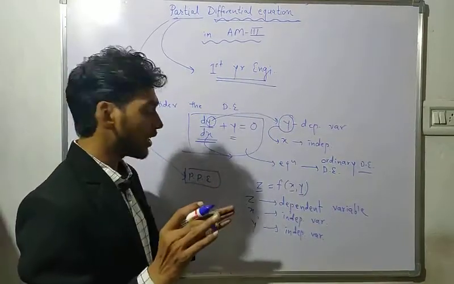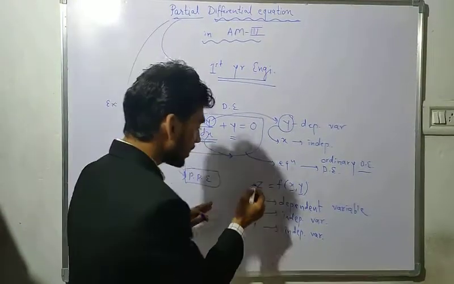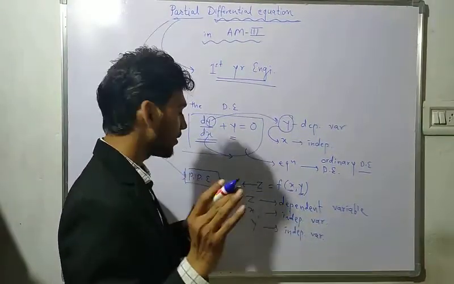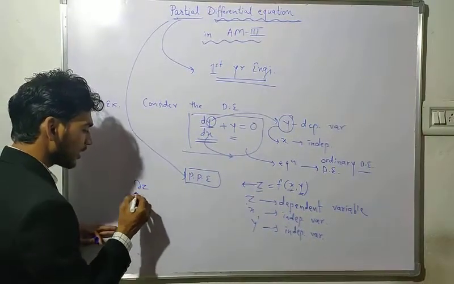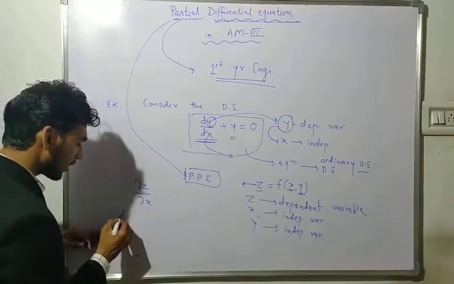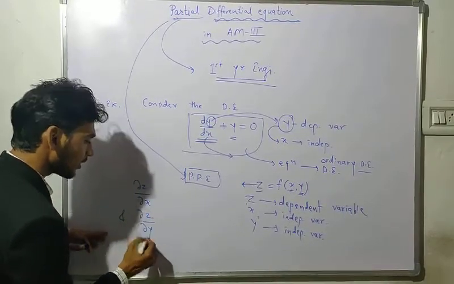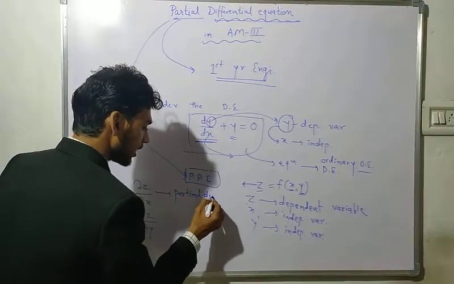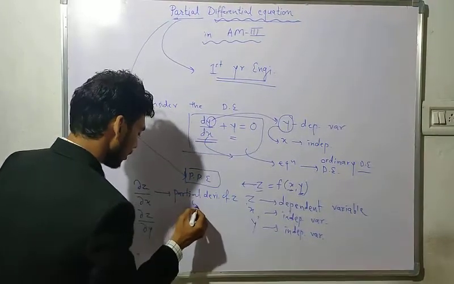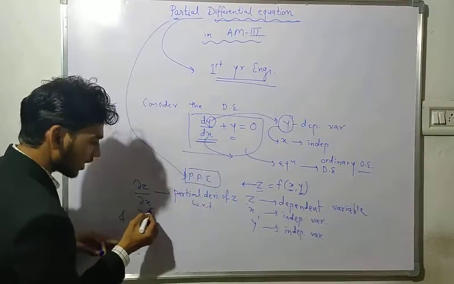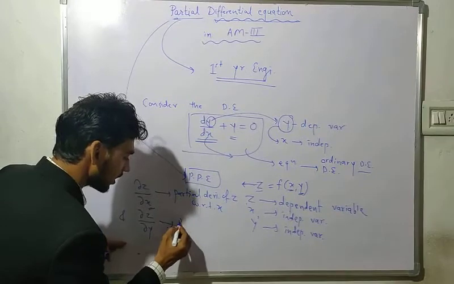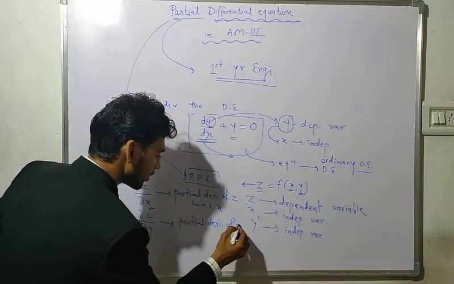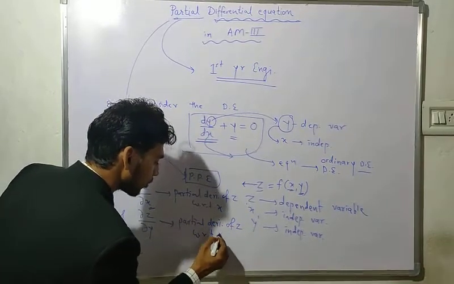Whenever we find the derivative of this z with respect to x and with respect to y, we have to find separate derivatives, known as del z by del x and del z by del y, that are also known as partial derivatives. Partial derivative of z with respect to the independent variable x and partial derivative of z with respect to y.